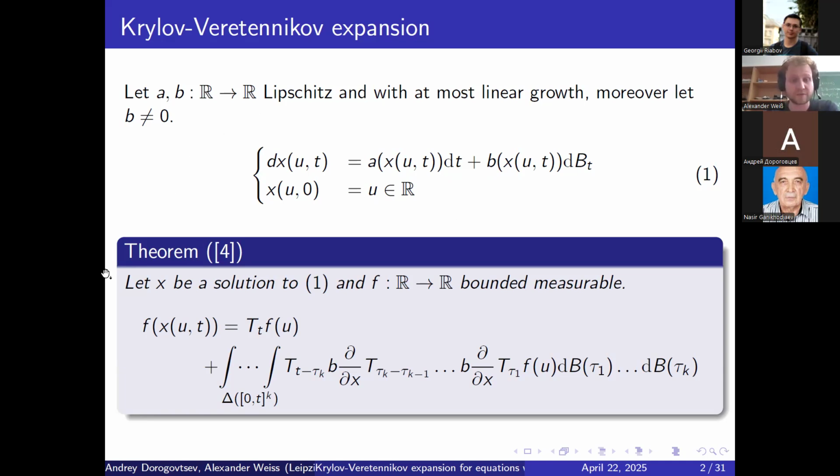Then Krylov and Veretennikov have proven that the Itô-Wiener expansion of a test function, in this case a bounded and measurable function from R to R, applied to the solution of this SDE is equal to the semigroup plus the Itô-Wiener kernels of higher order, which can be explicitly written down in this form, where we have iteratively the semigroup applied to the function, then we differentiate this, multiply by B, and so on and so on.